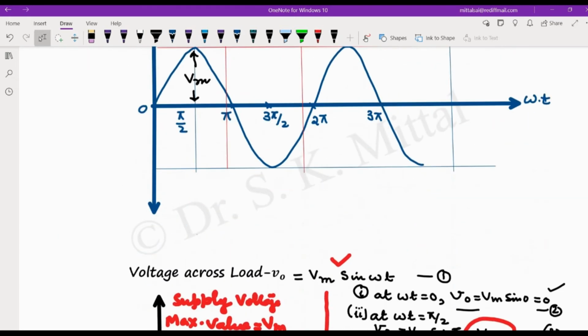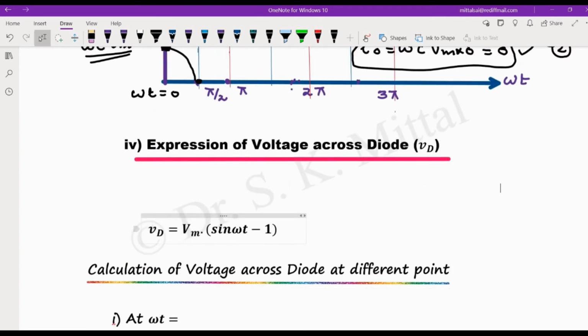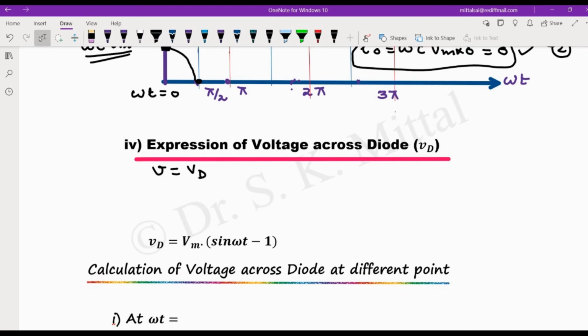Therefore, if the capacitor and the rectifier are connected in series across the supply voltage, we can say that V is equal to Vd, the voltage across the diode, plus the voltage across the load, which we have represented as V0.